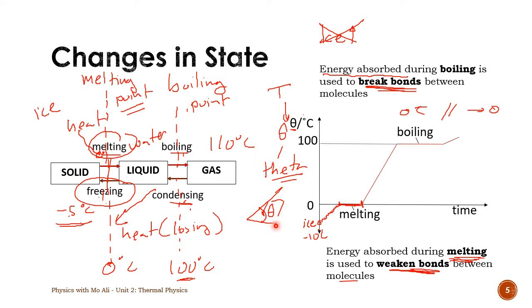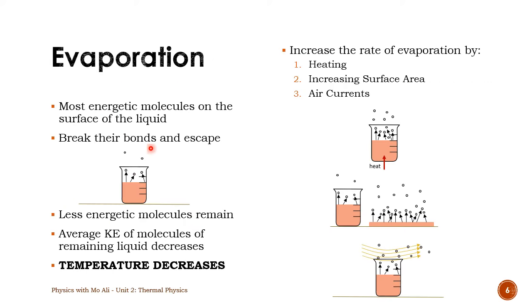That's it. So now that we've talked about changes in state, there's one more change in state we have to talk about, and that's evaporation. Because over here we said boiling is the change in state from liquid to gas. But there is another change in state from liquid to gas, and that's what we call evaporation. What is evaporation?